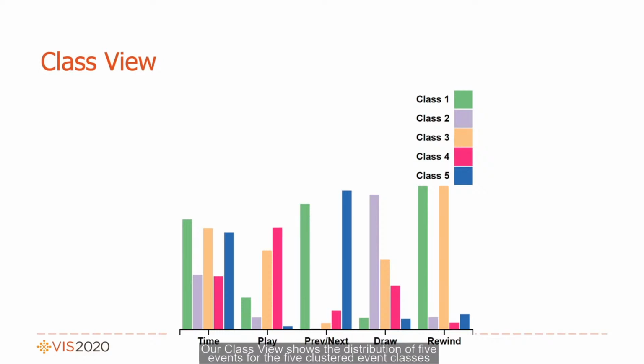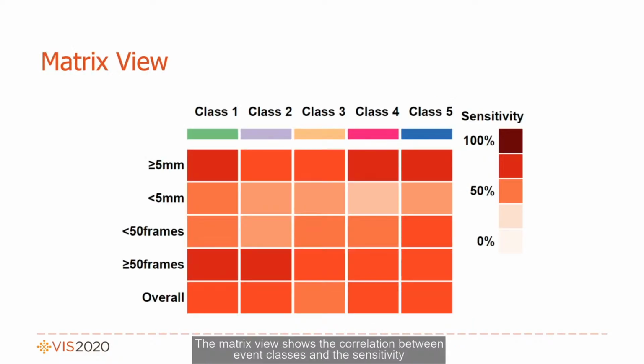Our class view shows the distribution of 5 events for the 5 clustered event classes. The matrix view shows a correlation between event classes and the sensitivity of corresponding annotations for all videos.